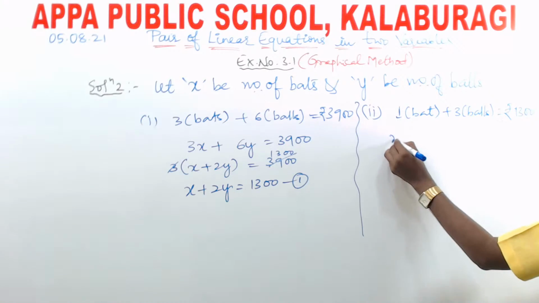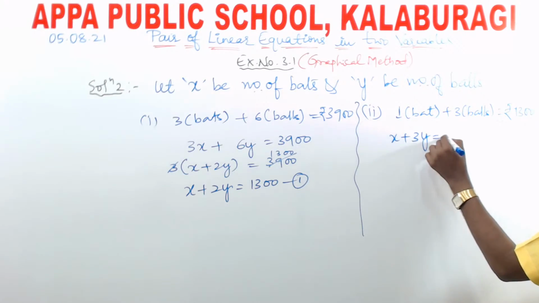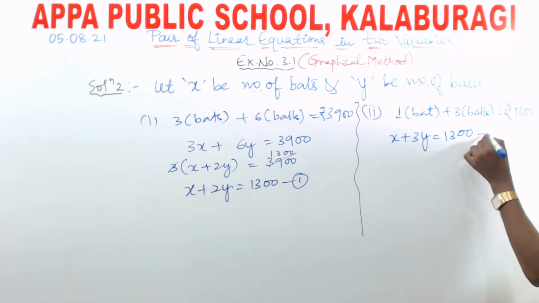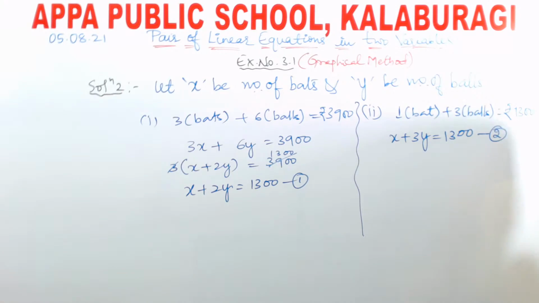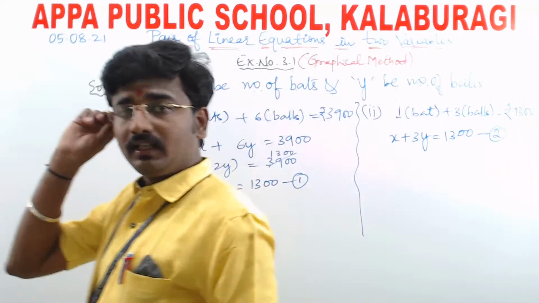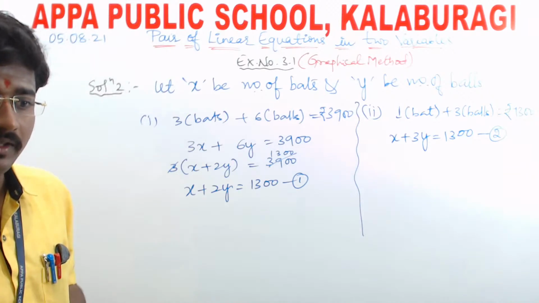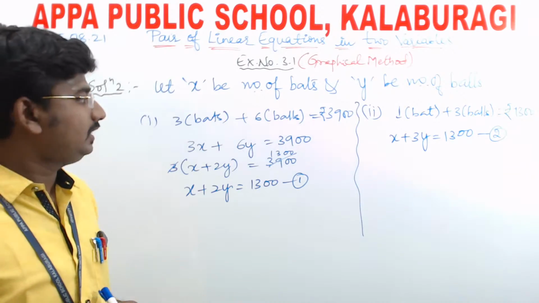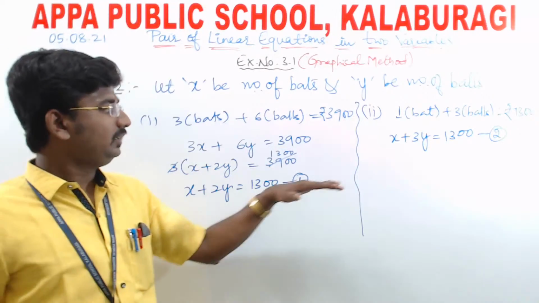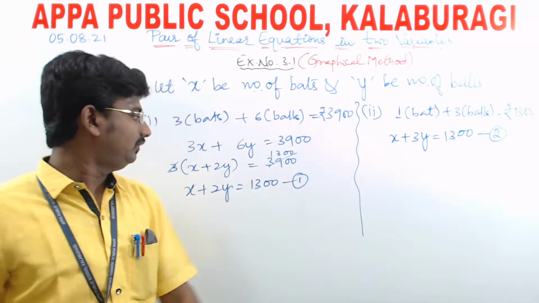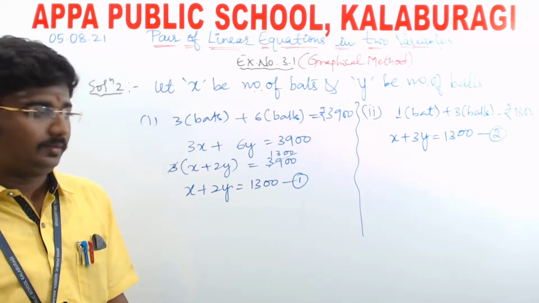This will be x plus 3y equal to 1,300, equation 2. So these are the algebraic equations. Many of you have already sent me the answer. That's good. So x plus 2y equal to 1,300, and x plus 3y equal to 1,300.